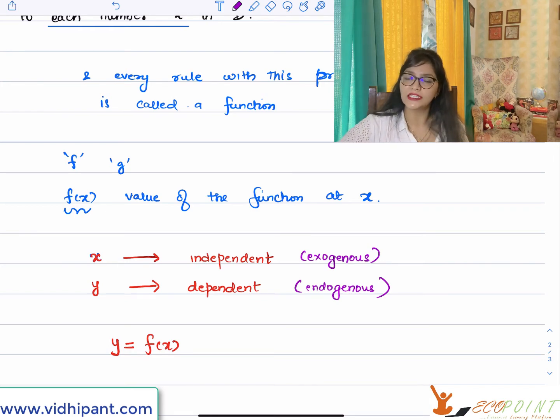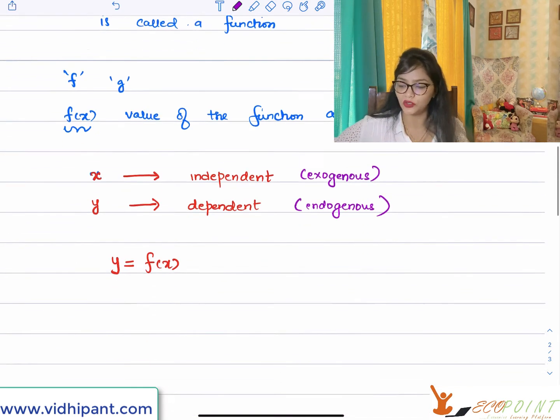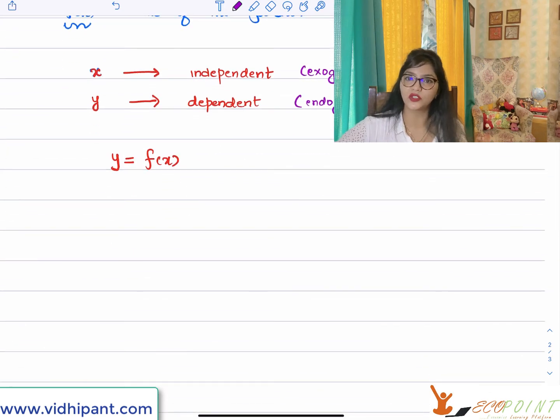So this is the definition of a function. This is what a function actually means. So what does this actually mean?